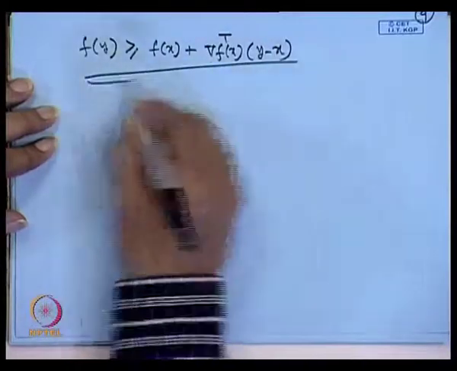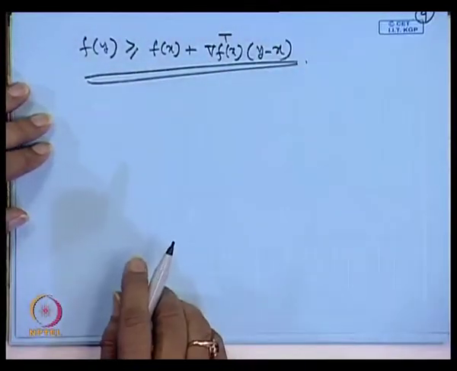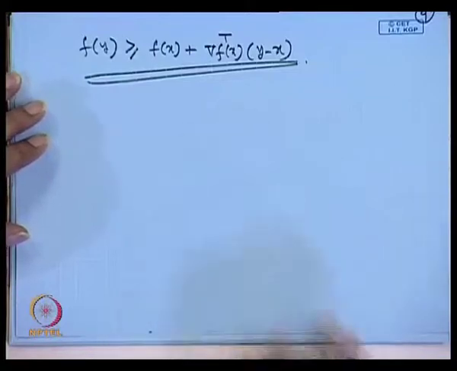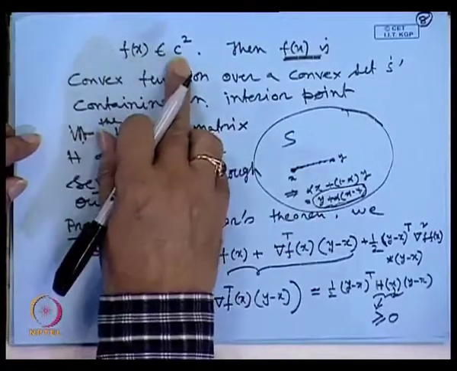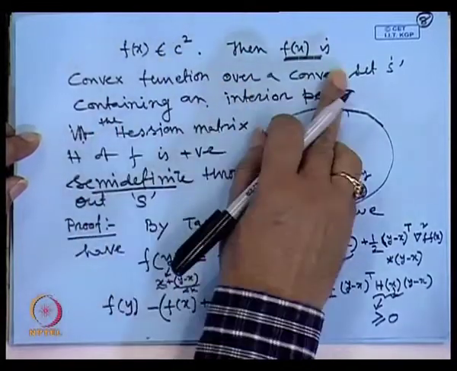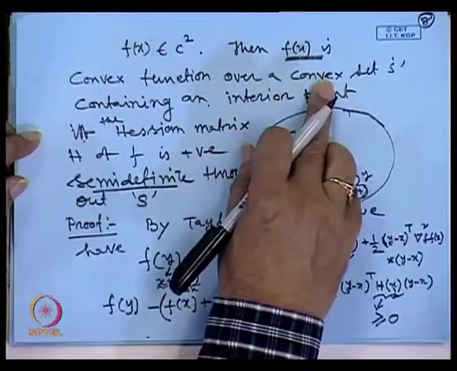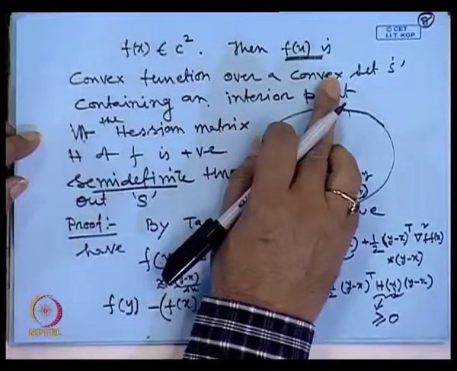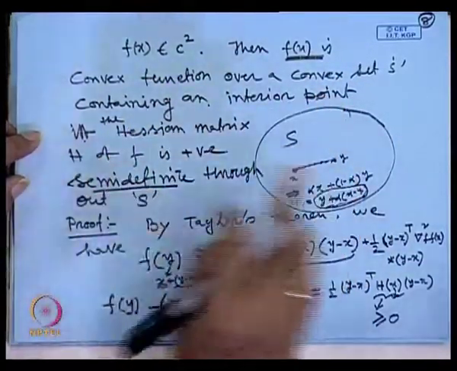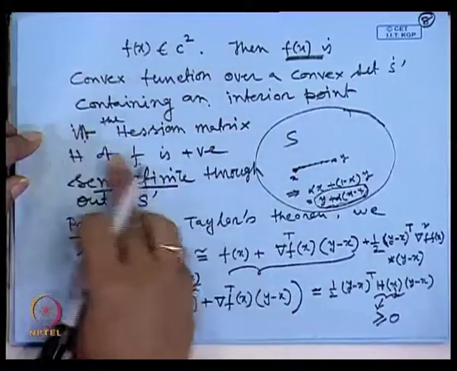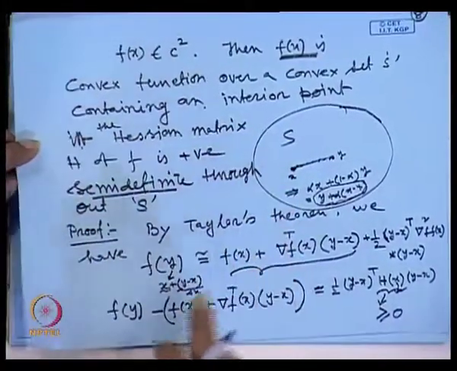Geometrically, this is the condition: if f of x is twice differentiable and continuous, the function is a convex function over the set containing an interior point x, if and only if the Hessian matrix is positive semi definite.